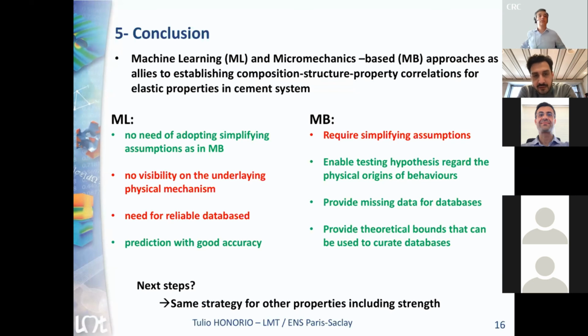Both methods have some nice and bad points that I listed here, but that can be a promising strategy for establishing this kind of correlations. So the next step is to consider other properties, and why not include the strengths, for which micromechanics-based approaches are more difficult to adopt, and also other properties that can be of interest in cement and concrete research.